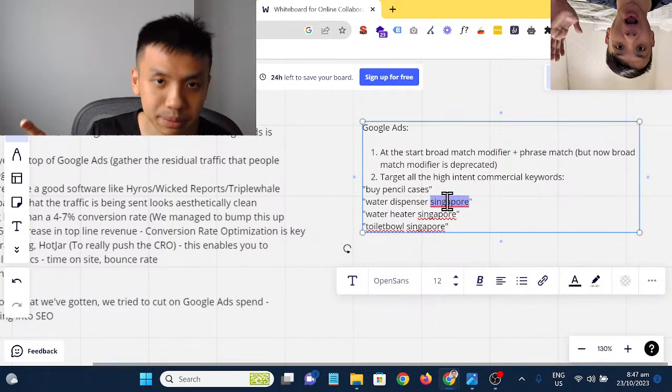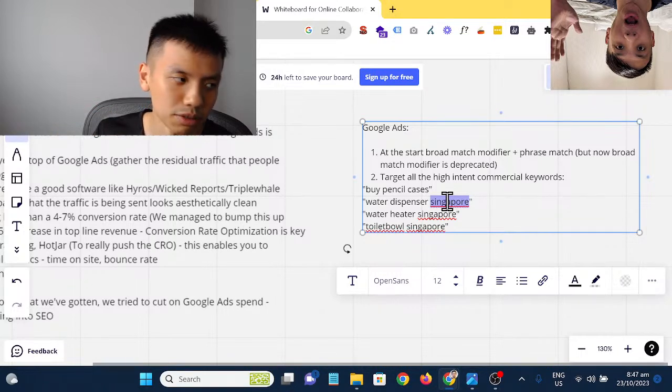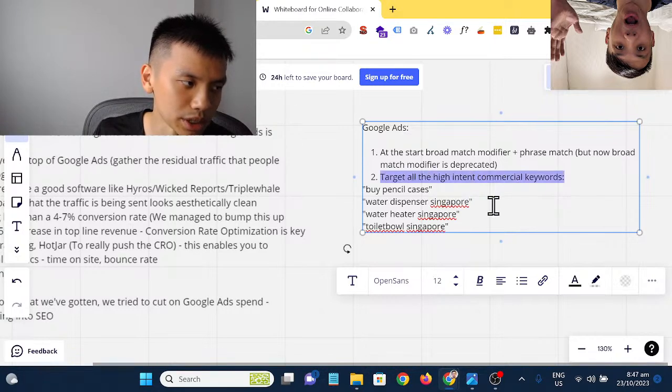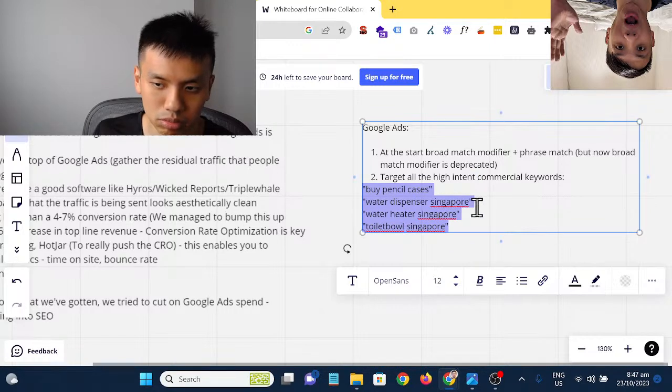location that you operate in, because people automatically will understand that that's where you're delivering to, that's where you're operating in, and that's where I can get the highest quality of service, highest quality of product for myself. And when you target all the high intent commercial keywords with phrase match, the chances are the campaign could work.